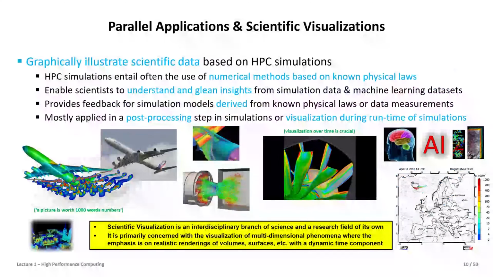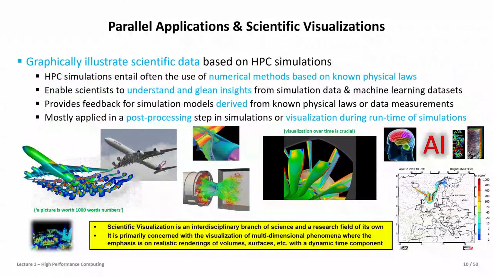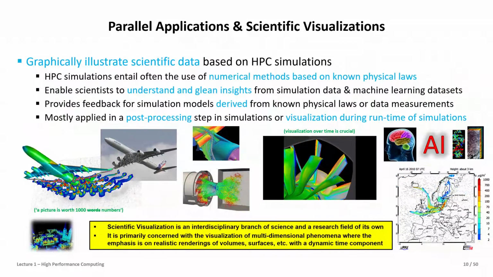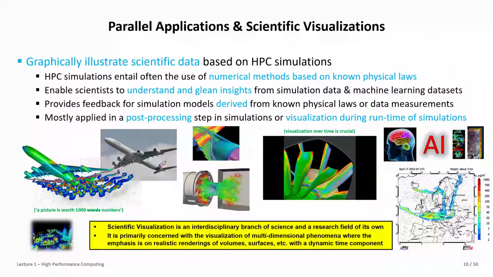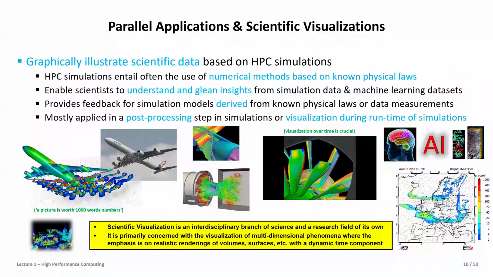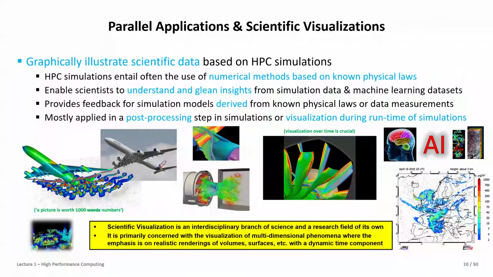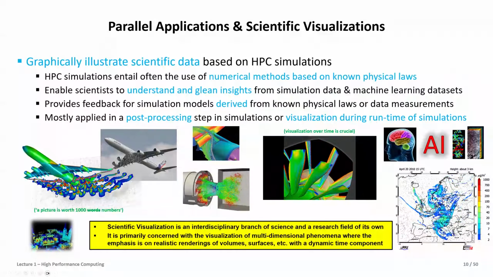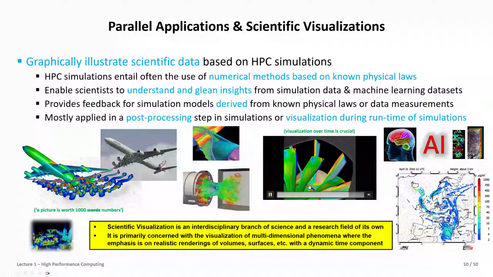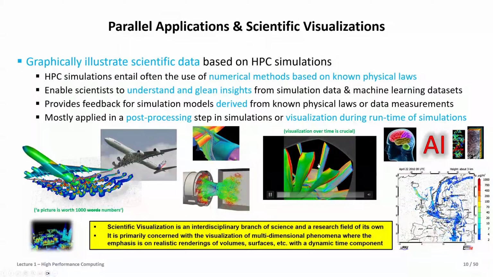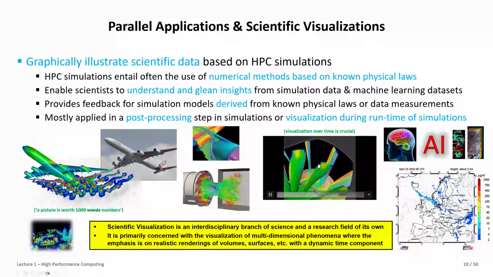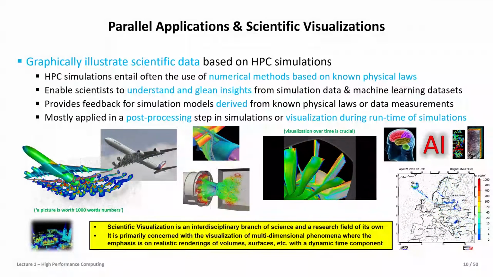So I keep it there, and rather give you an impression of applications, and with this automatically the nice connections to scientific visualizations, because HPC simulations can be quite abstract. You see here quite nice examples of an airplane flying alone. This turbine is already a very interesting problem and challenge in engineering, of course.